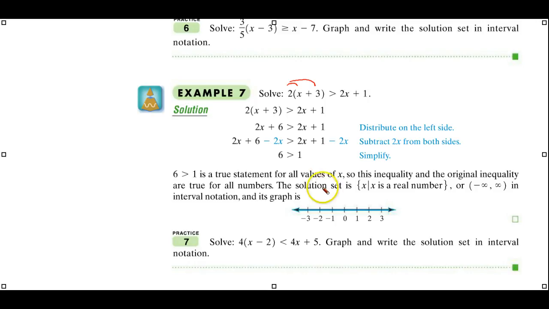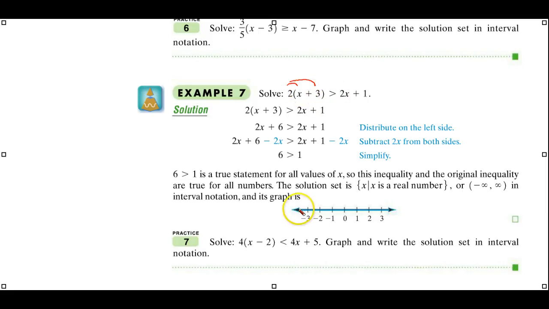Well, this type of inequality is such that no matter what value you put here for the x or there for the x, as long as it's the same, it will always be a true statement.